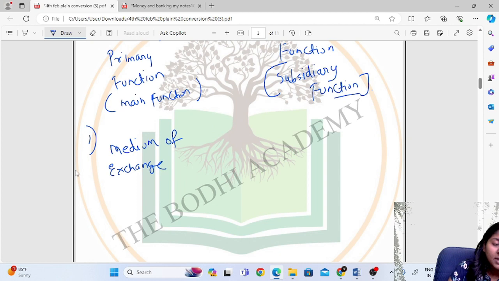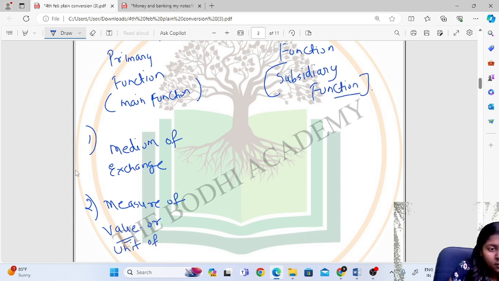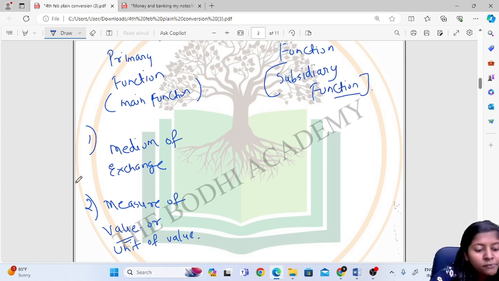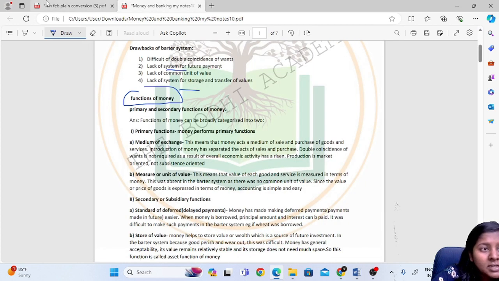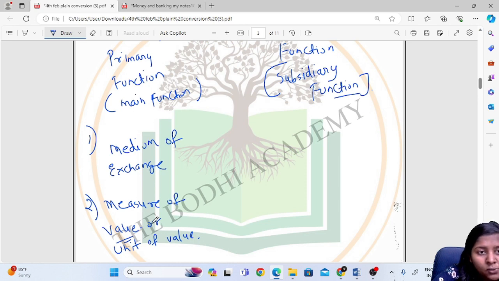The second is measure of value or unit of value. Money is the unit in terms of which the value of all goods and services is measured and expressed. These are the two primary functions: medium of exchange and measure of value.